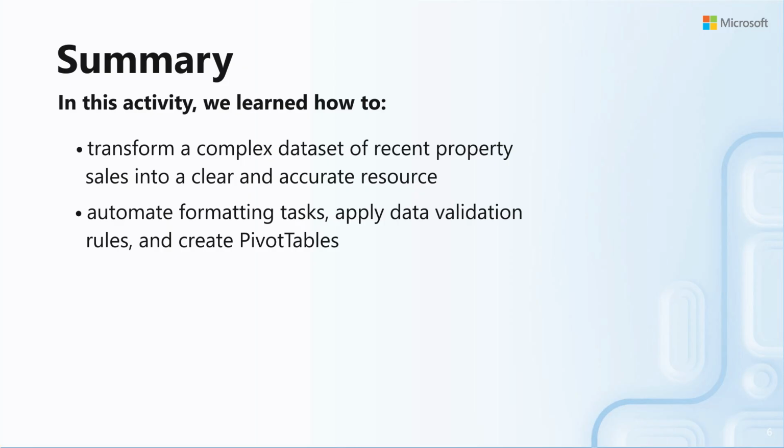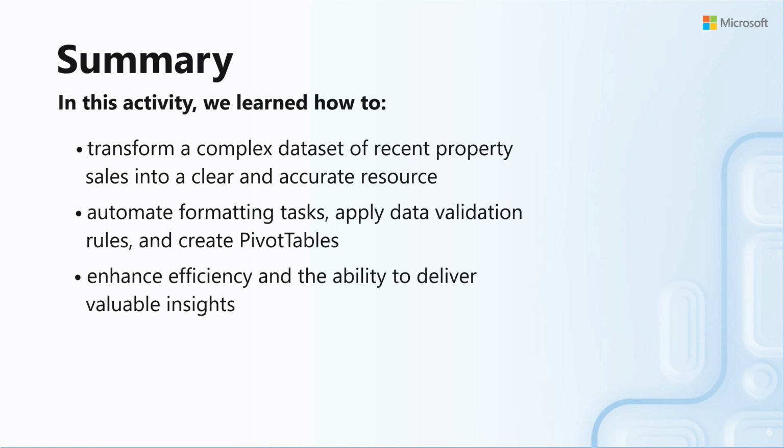This streamlined approach not only saves time but also enhances your ability to deliver valuable insights to management, ultimately supporting informed decision-making in a competitive real estate market. With these skills, you are now equipped to present data effectively and drive strategic initiatives forward.